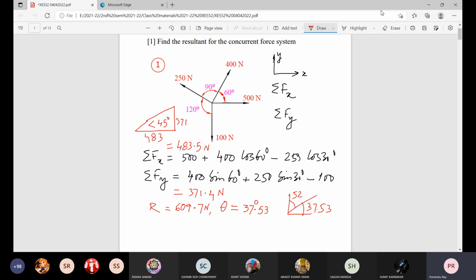At every stage we must apply that common sense. It won't be written in any book. Whether 371 divided by 483 is coming to 52 degrees by mistake, you can identify that mistake by applying common sense. This is the y component, which is less than the x component, so naturally this angle is less than 45 degrees. So 37.53 degrees is with the x-axis.